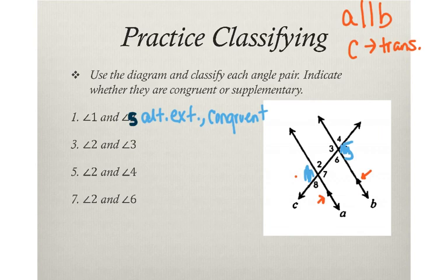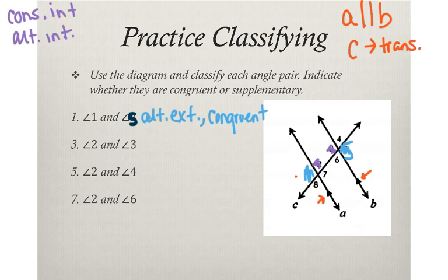All right, I'm jumping over to number 3 now, which talks about angle 2 and angle 3. So again, ask yourself, are they outside or inside? So they're inside. So that means I only have the option of doing consecutive interior, or I can have alternate interior. Okay?